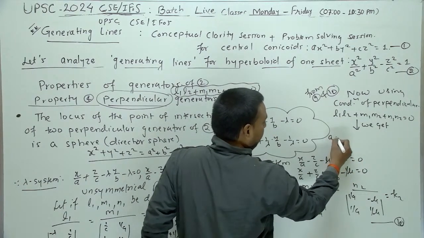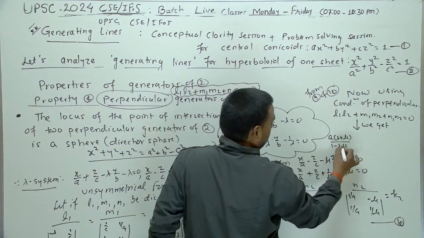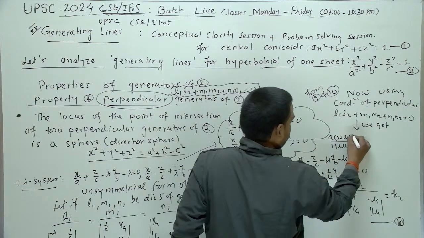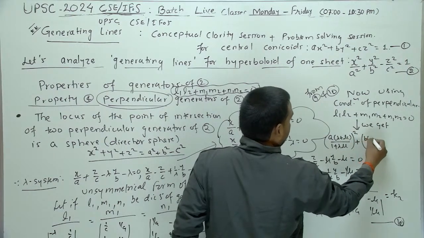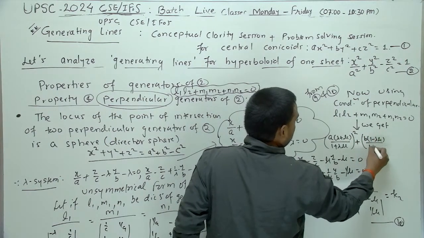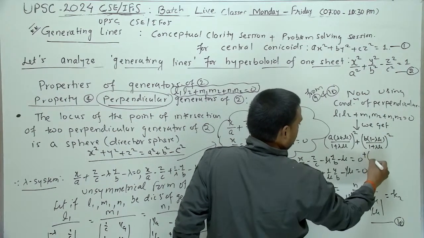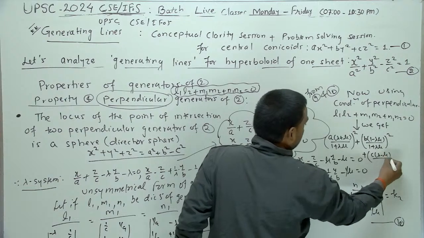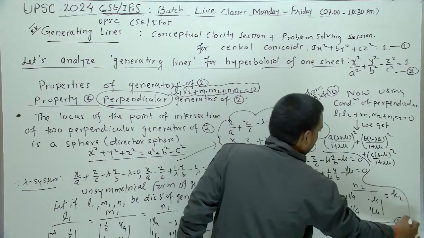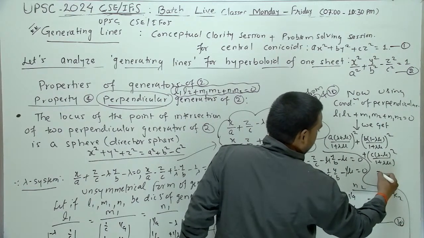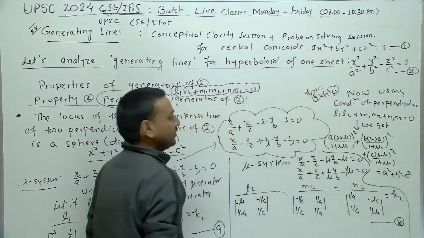We actually get a into lambda plus mu upon 1 plus lambda into mu, whole square, plus b into 1 minus lambda into mu upon 1 plus lambda into mu, whole square, plus c into lambda minus mu upon 1 plus lambda into mu, whole square. And that part comes out as a square plus b square minus c square.